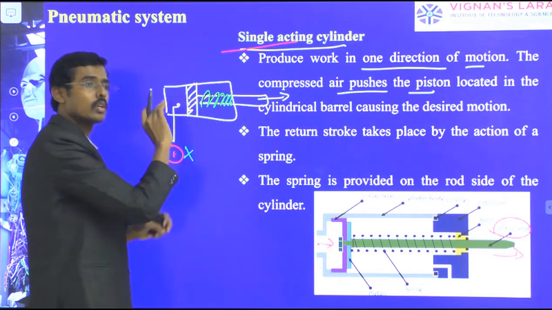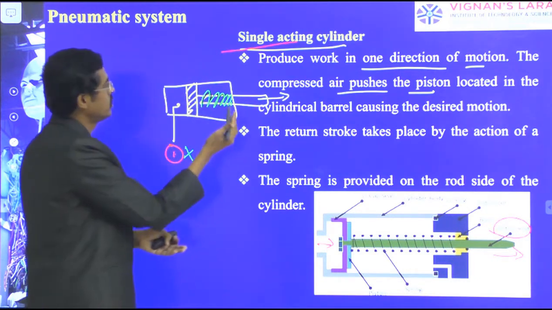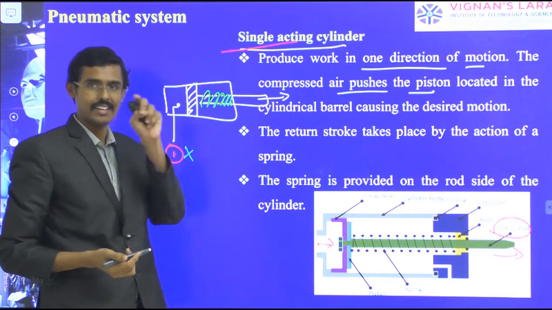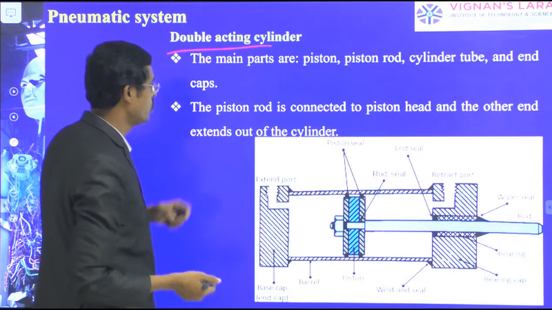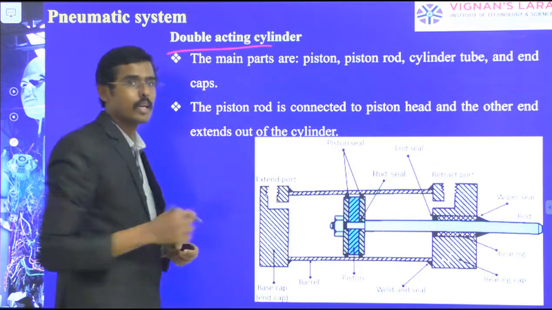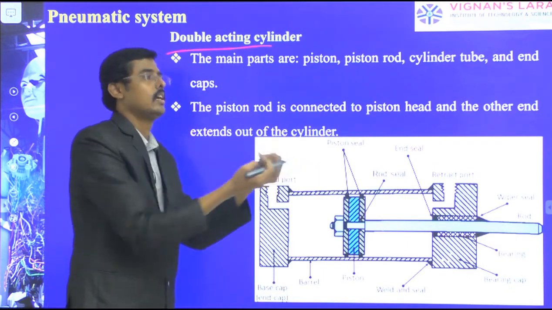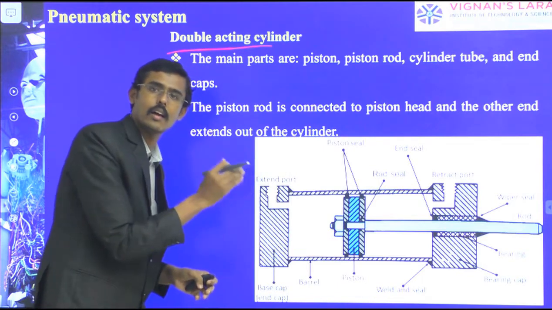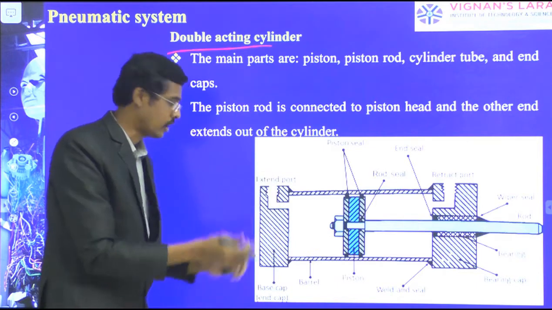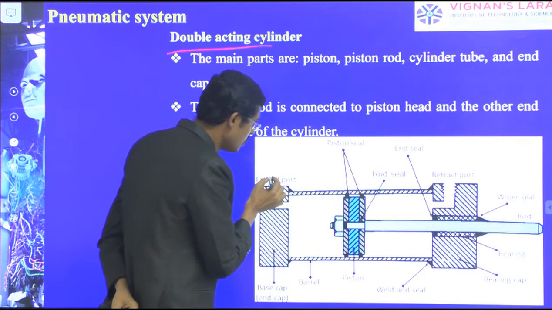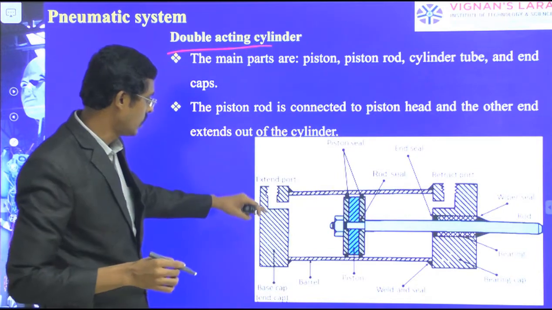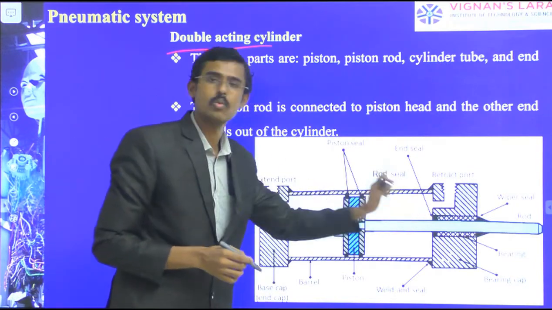Automatically the force will not be there, therefore the spring force will cause the piston to come back. That is single acting. Now the same I am doing here as double acting. Both the first action and the return action are operated through the pneumatic or hydraulic operation itself. How? You see here there are two ports: one at the inlet, one at the outlet.